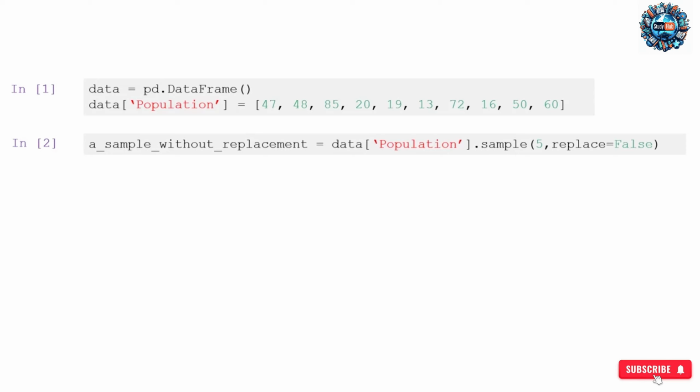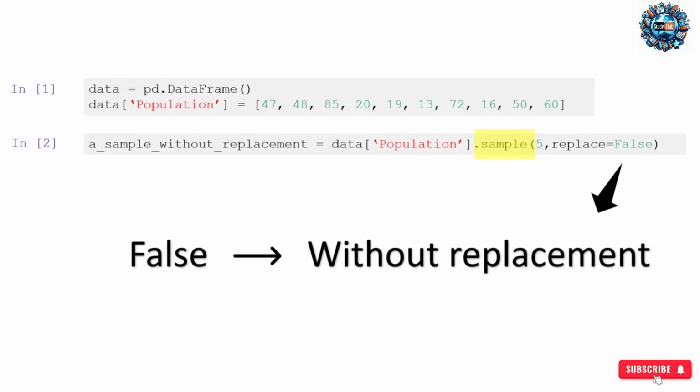In pandas, we can use method sample to get the samples. Here, the keyword replace equal to False means the sampling is without replacement. We can define replace equal True to perform sampling with replacement.